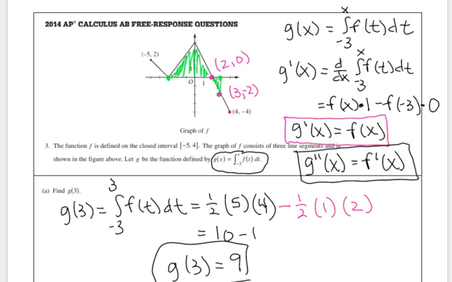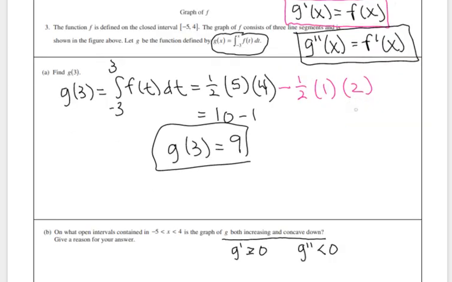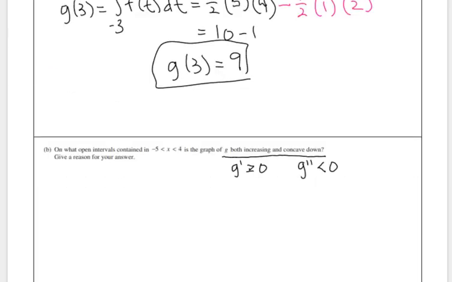What that tells us is that g prime is really just f, which is the graph we were given. g double prime is f prime, which means we're looking at slopes. So if we think back to what the question is asking, we're looking for where g prime is greater than or equal to 0. Since g prime is equal to f, we're looking for where f is greater than or equal to 0.